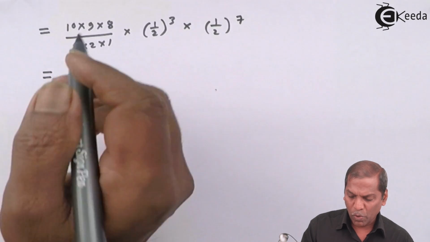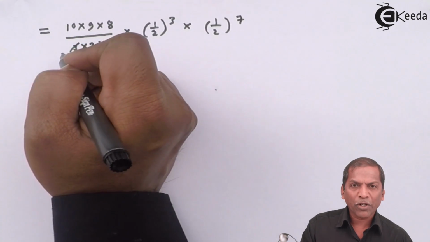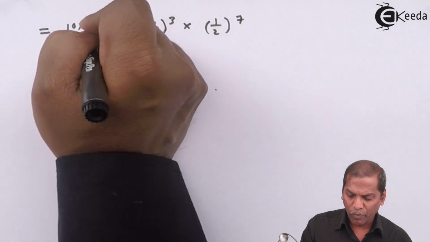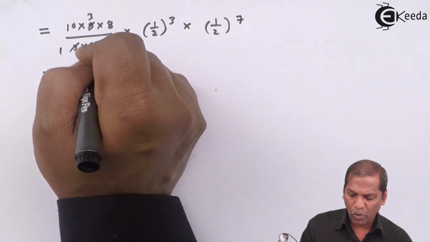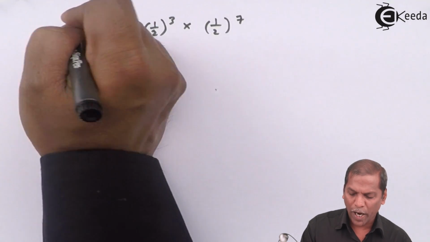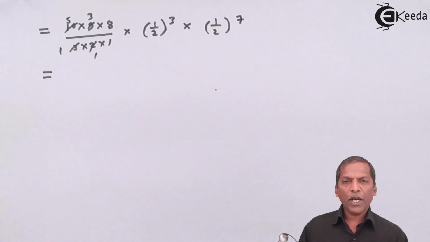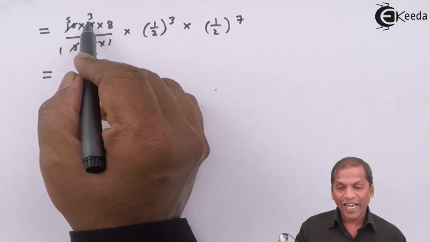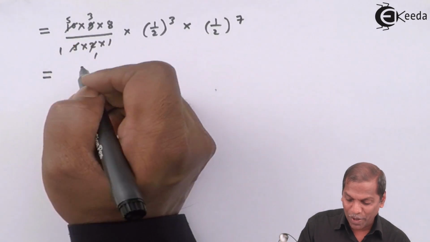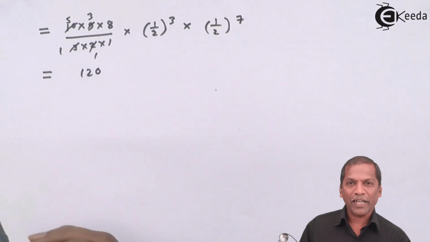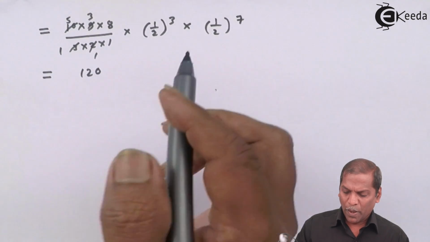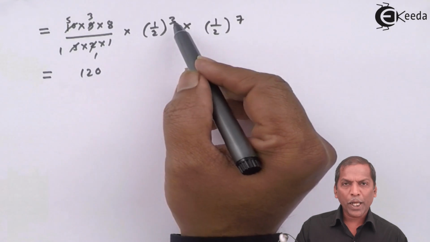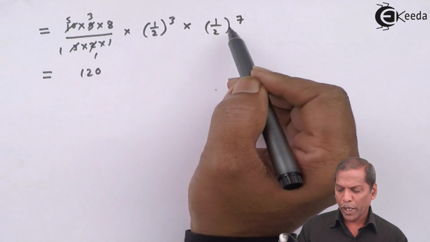Now we go for cancellation: 3 ones are 3, 3 threes are 9, 2 ones are 2, 2 fives are 10. So 5 into 3 is 15 and 15 into 8 gives 120. Then here we have 1 upon 2 raised 3 into 1 upon 2 raised 7.